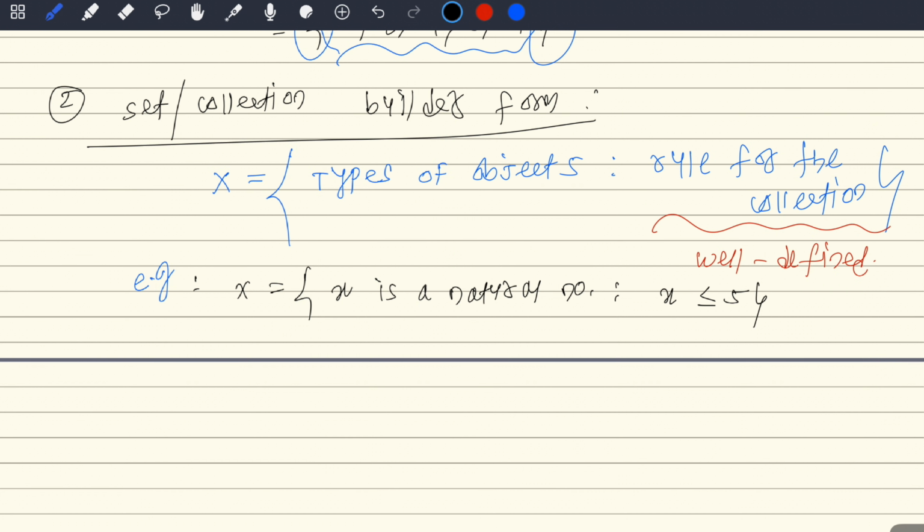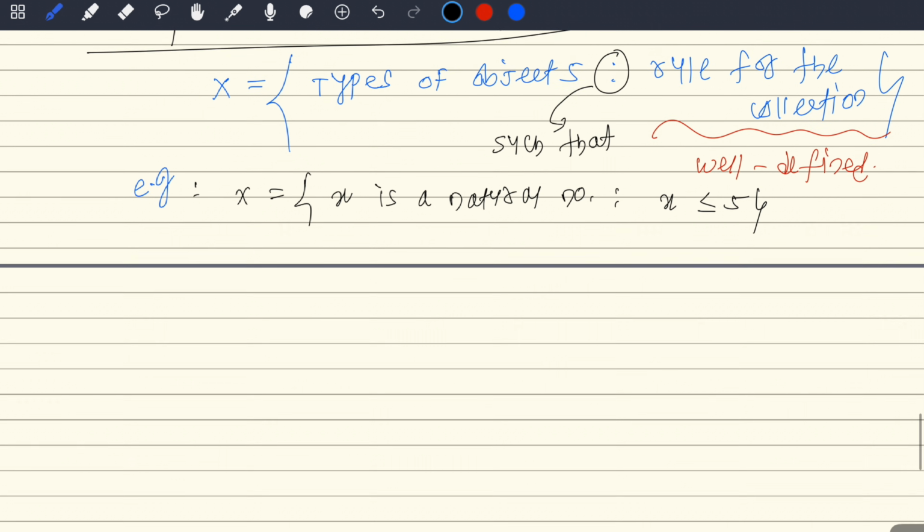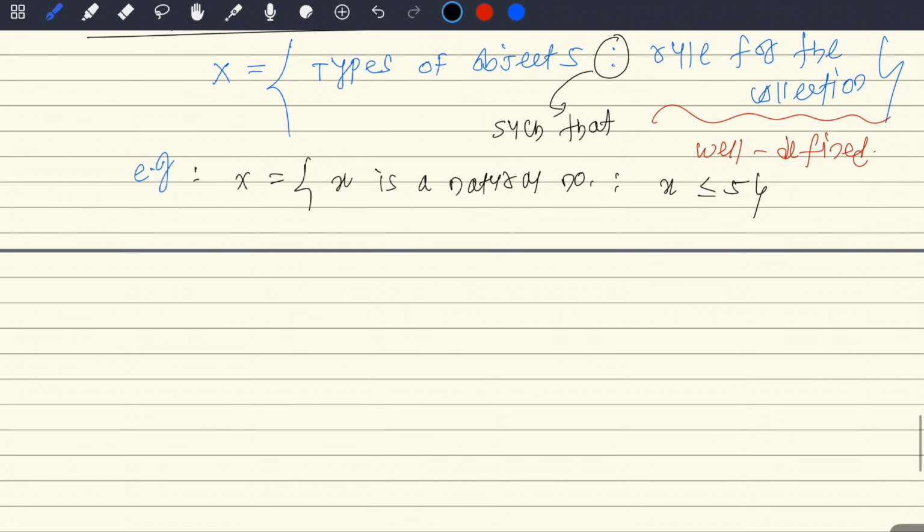This notation you have to read as "such that". The type of object should satisfy the rule for collection.